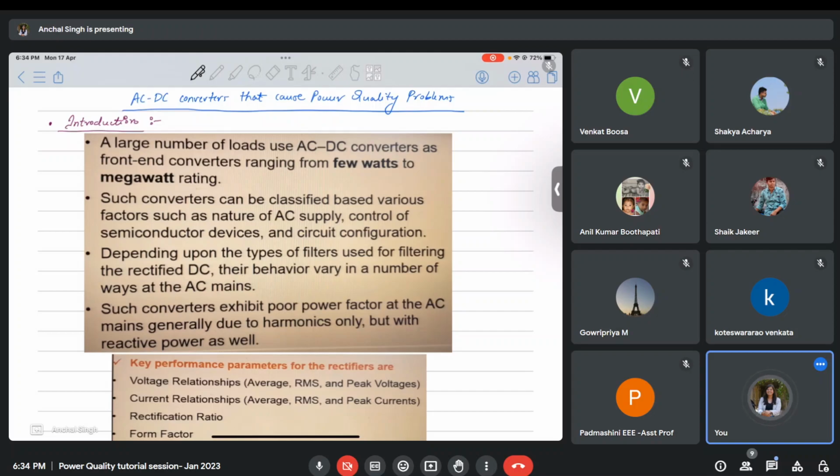A 5 watt LED bulb is able to give us the intensity equivalent to a 50 watt incandescent bulb. So definitely we will shift to LED lamps, right? But when we come to LED lamps, there is another problem, that are certain power quality problems. In order to solve that power quality problem also, we are using power electronic equipment only.